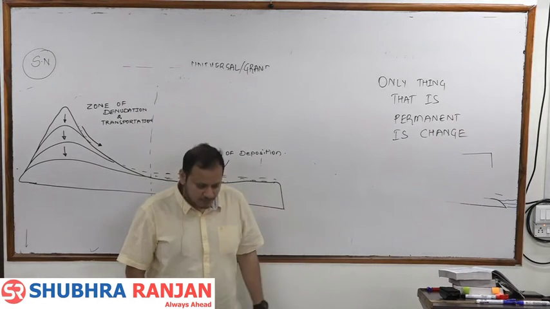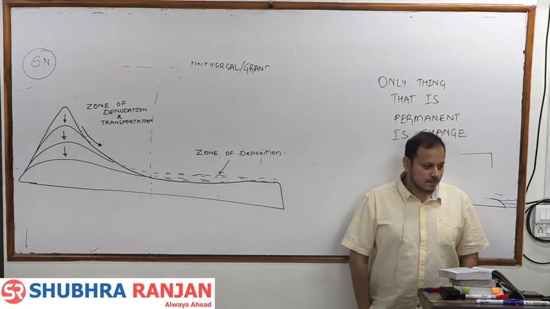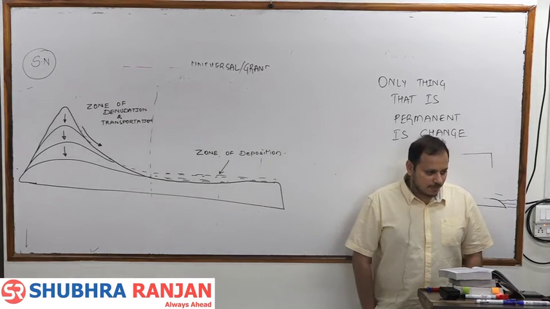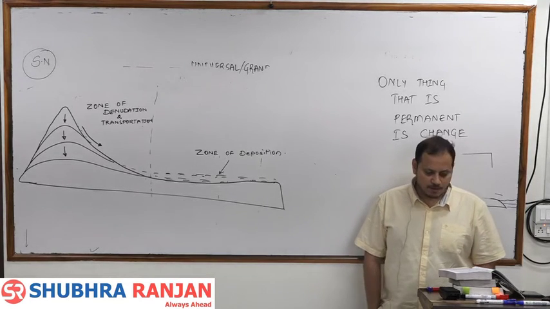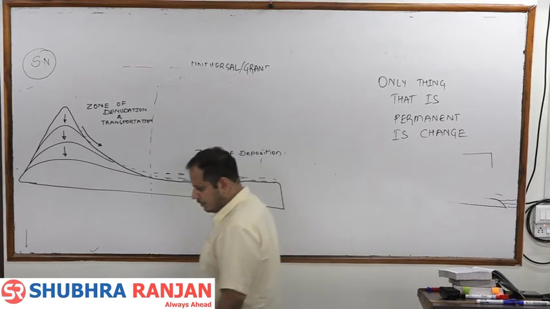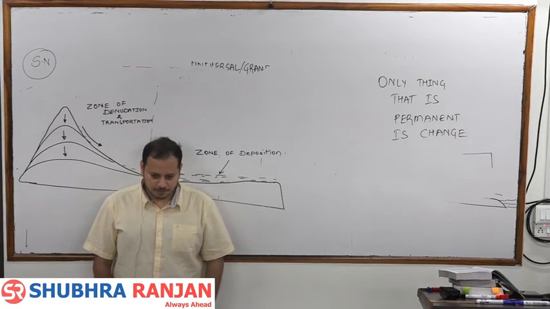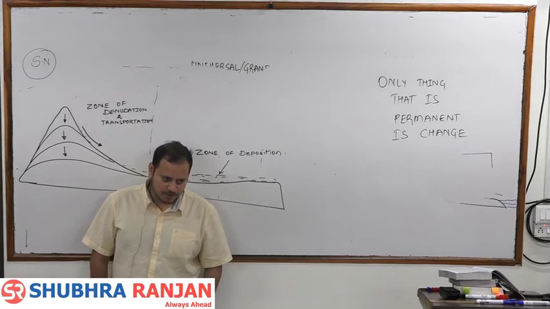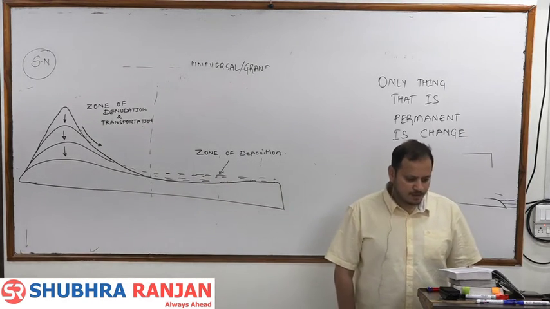This has again been your past year question. The law is: geological structure is a dominant control factor in the evolution of landforms, and is reflected in them.